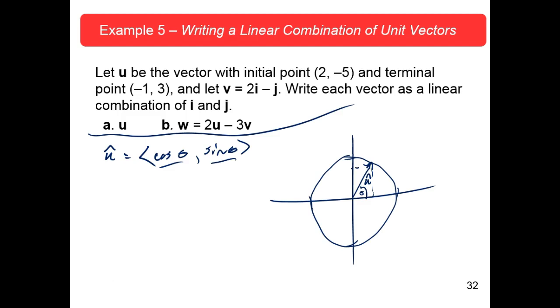Starts at 1, 0, because when theta is 0, the cosine is 1, the sine is 0. And it moves around in a positive direction here, because cosine is positive and sine is positive in the first quadrant, so it moves up here, cosine decreasing in length, sine increasing in length until you get to pi halves, and cosine of pi halves is 0, sine of pi halves is 1. There you are, right in the right place.